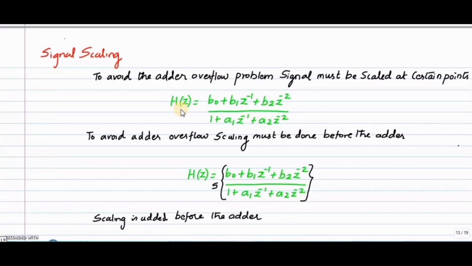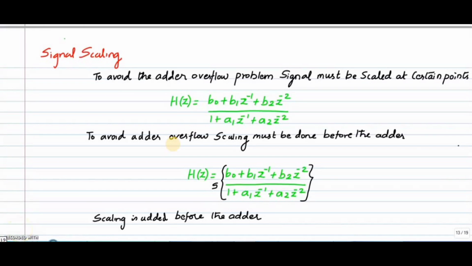So if you see this, this is nothing but your IIR filter, right? So H of z is equal to b naught plus b1 into z power minus 1 plus b2 into z power minus 2, divided by 1 plus a1 z power minus 1 plus a2 z power minus 2.